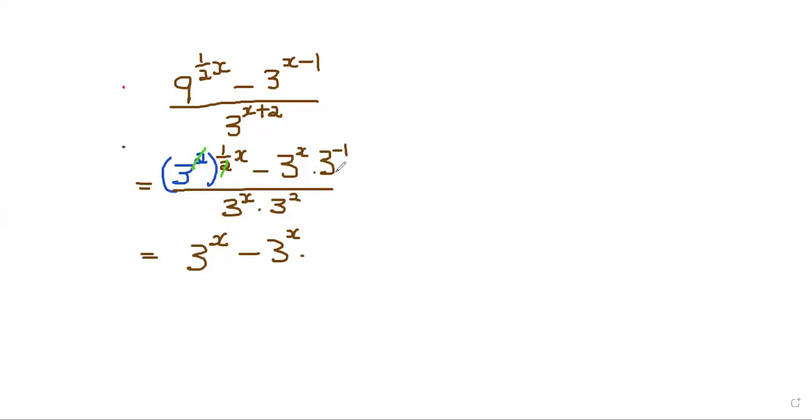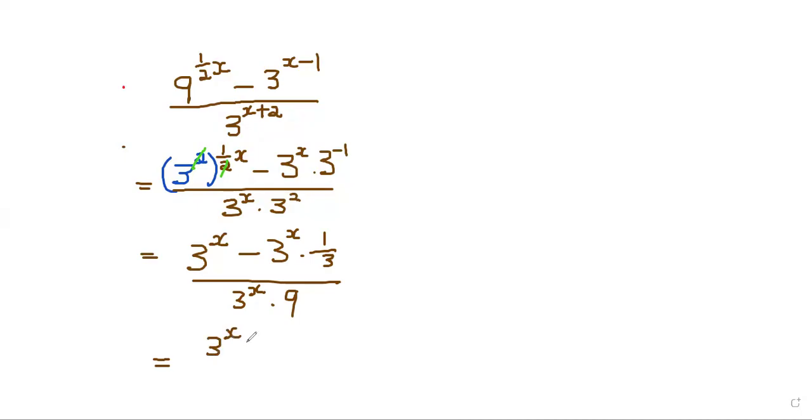And then I'm going to say minus 3 to the exponent of x multiplied by, so we all know that 3 to the exponent of negative 1, that's 1 over 3, right? And then we'll say divide by, then here I'm having 3 to the power of x multiplied by what? We all know that 3 squared is 9. So you can write 9. Then the next step that is very important, I'm going to take 3 to the exponent of x as a common factor.